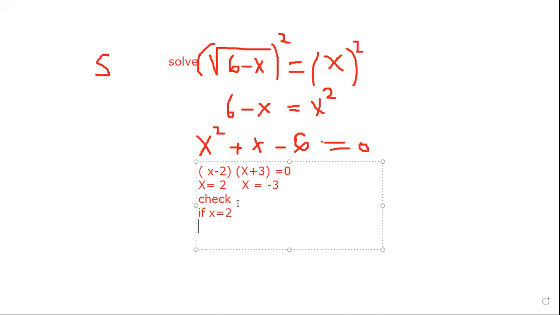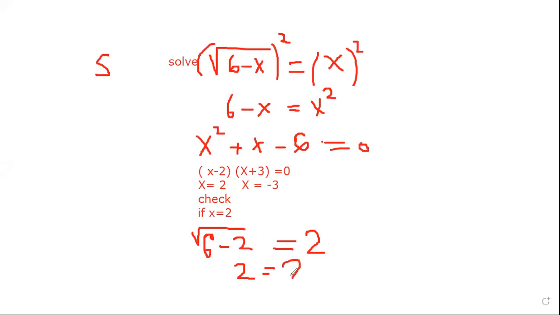It will be square root of 6 minus 2 equal to x, which was 2. Then square root of 6 minus 2, square root of 4. Then it will be 2 equal 2, right? So this one was a correct answer, x equal 2.